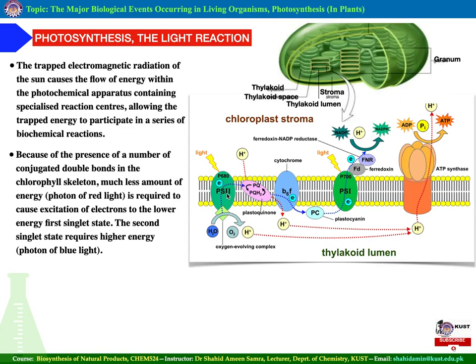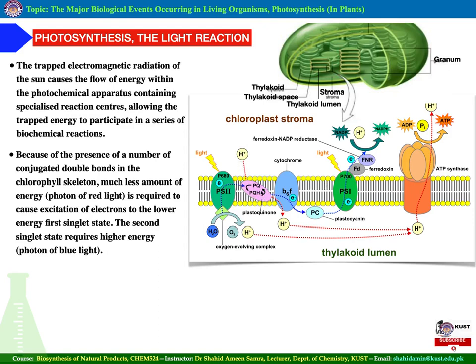Photosystem 2 then transfers these electrons to plastoquinones, specific bodies that take up these electrons, and they take up protons from the outside of the thylakoid, that is from the side of the stroma.